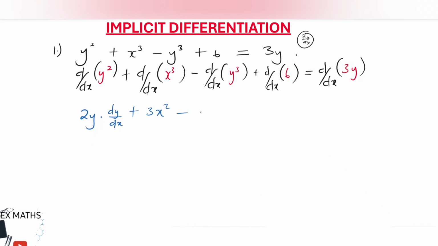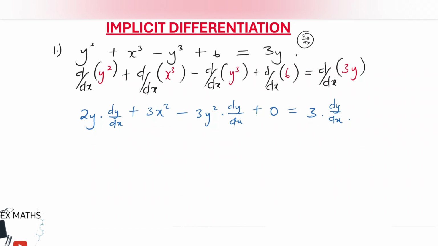Minus this one, that's going to be 3y squared, but with respect to x, we'll get dy dx here. Then plus, this is a constant, so it's 0, is equal to, we differentiate this one again. Wherever you differentiate y, you need to make sure that you include the dy dx. This is going to be 3 dy dx, like that.